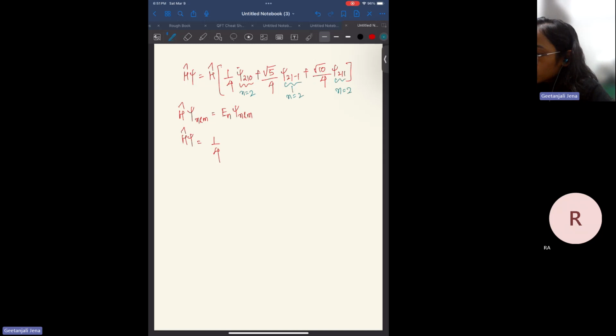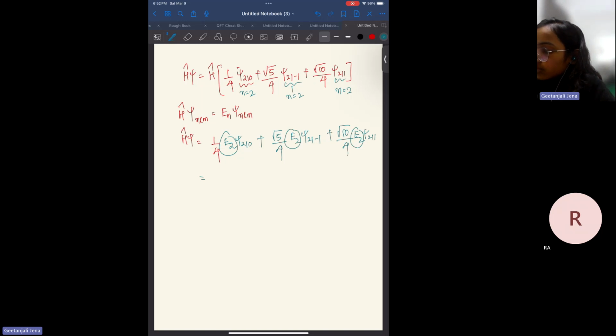Here n is 2. That means it will give 1 by 4 E2 psi 210 plus root 5 by 4 E2 psi 21 minus 1 plus root 10 by 4 E2 psi 211. So E2 is present in all the terms.